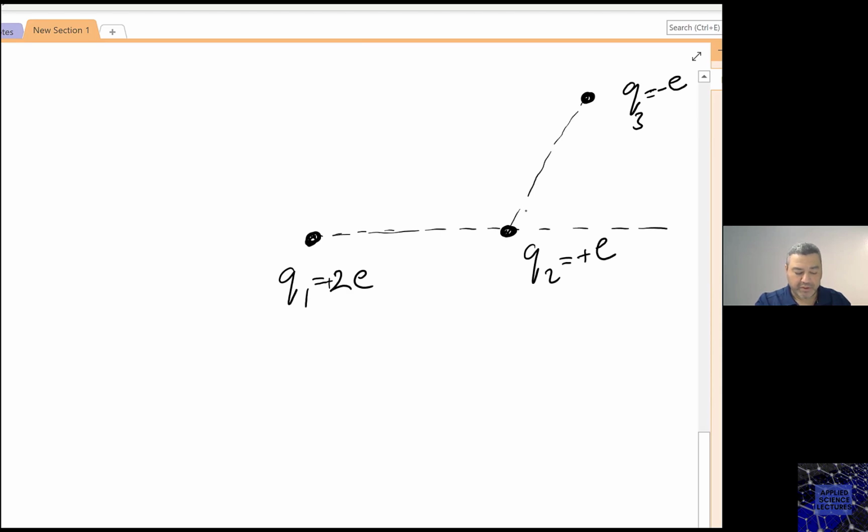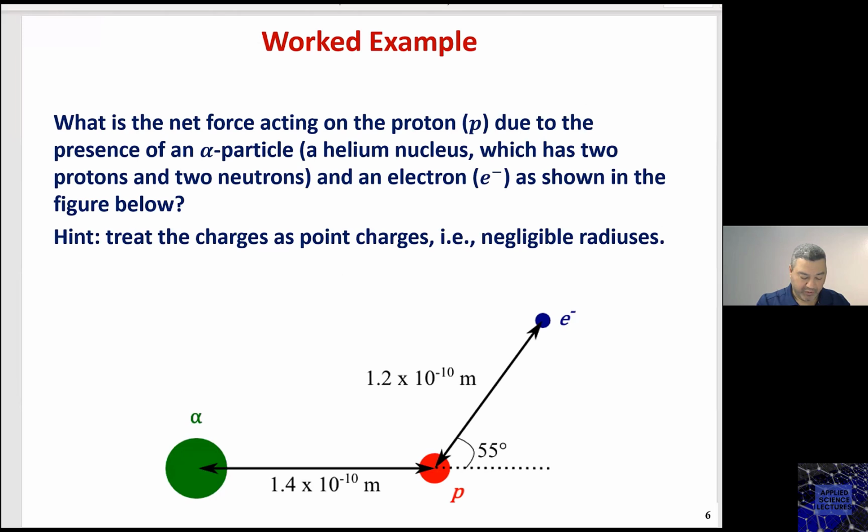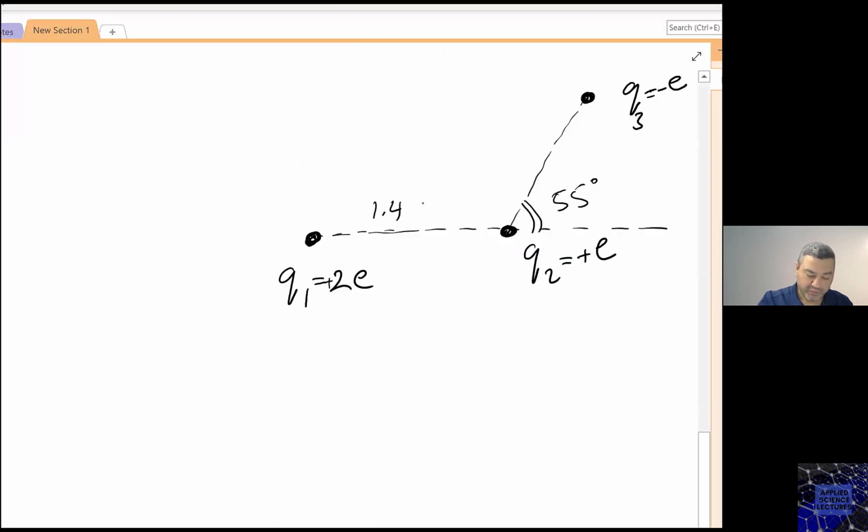The angle here is 55 degrees, and the distance here is 1.4 times 10 to the power minus 10 meter, and 1.2 times 10 to the power minus 10 meter as well.